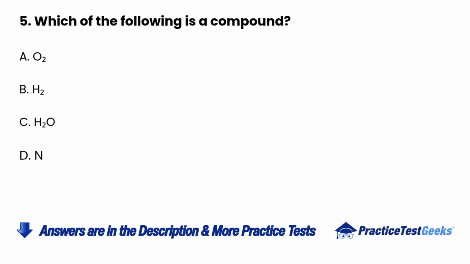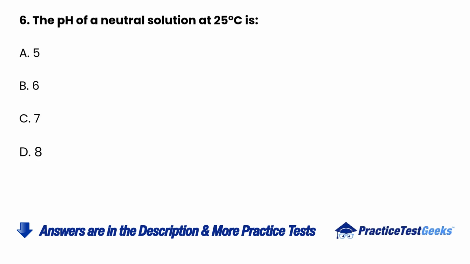5. Which of the following is a compound? A. O2. B. H2. C. H2O. D. N. 6. The pH of a neutral solution at 25 degrees Celsius is A. 5.